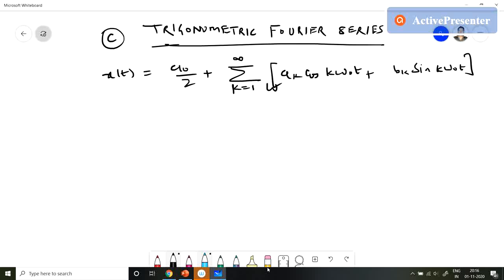And what is omega naught? Omega naught is 2 pi divided by t naught.